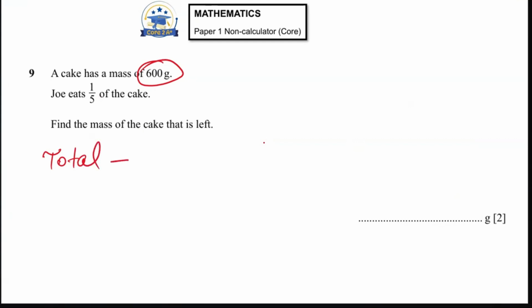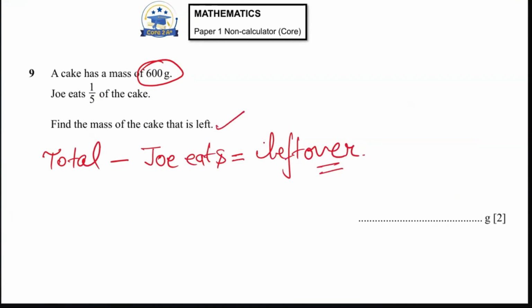If we subtract total and what Joy eats, something, and the left part, left over. How much left over? We have to find this one, right? So total 1.